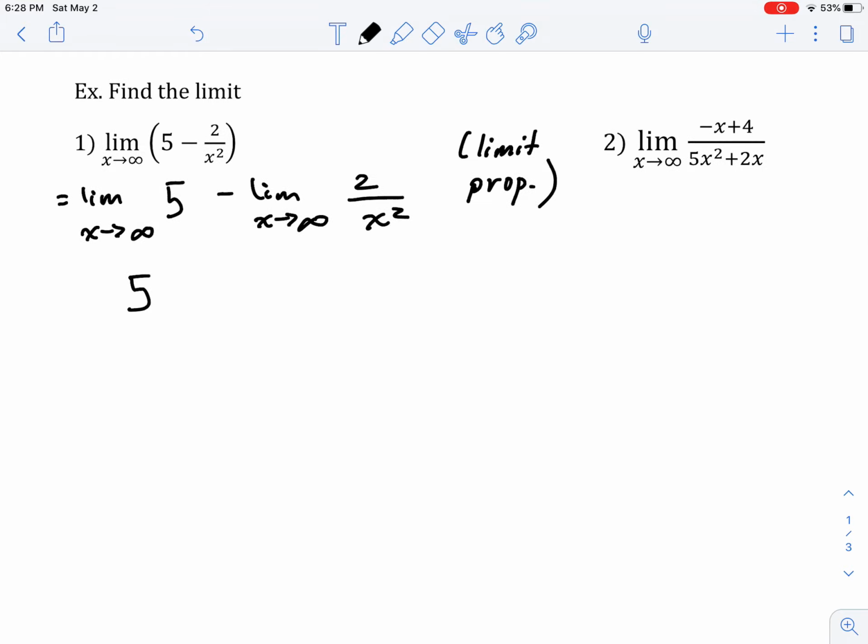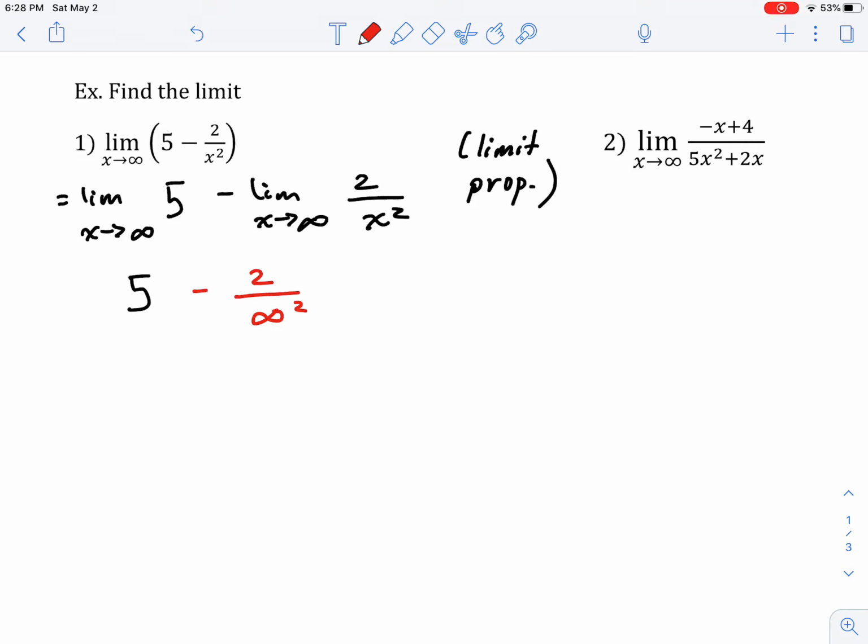Now let's look at this next part, which is the more important part. What is the limit as x approaches infinity of this rational function 2 over x squared? Now, I'm going to write something down that you actually shouldn't write, but I'm just going to do this to demonstrate the idea, and I'll explain why you shouldn't actually write it. The limit as x approaches infinity of 2 over x squared should be thought of really as 2 over infinity squared.